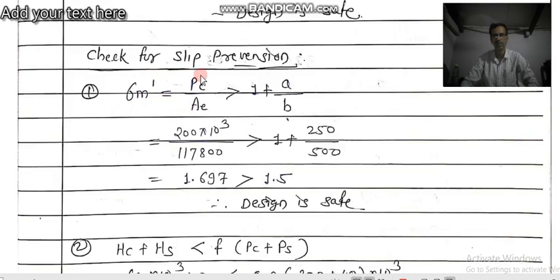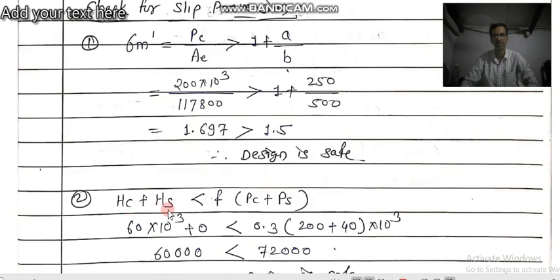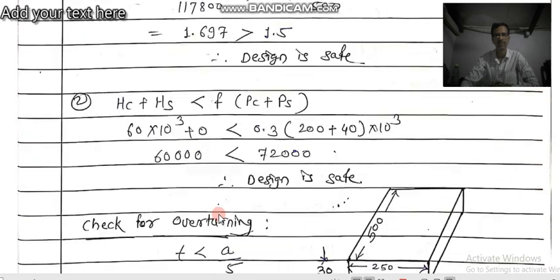Another check for slip prevention is that HC plus HS must be less than F times PC plus PS. So HC is 60 into 10 raised to 3, HS is 0, and this must be less than F, which is 0.3, the coefficient of friction given in the problem, times PC, 200, plus PS, 40, into 10 raised to 3.